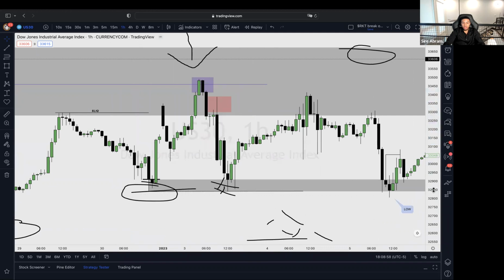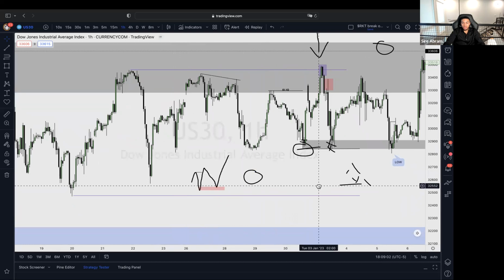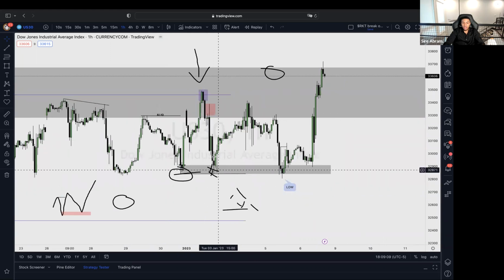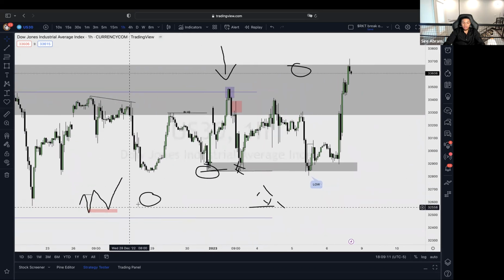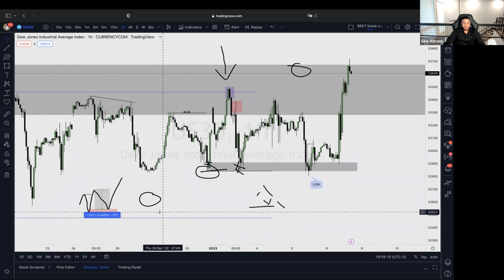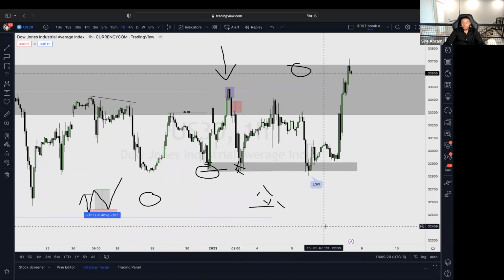So where should you look to target? You should look to target the low that initiated the break of this high. So since this low initiated the break of this high, that's what we can use as a target for our downside, right? So instead of playing the upside, all we did is just play this retracement down. And that's all it is. We took the same setup, but just played a different position on it.